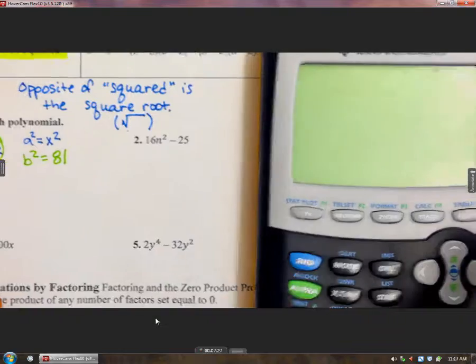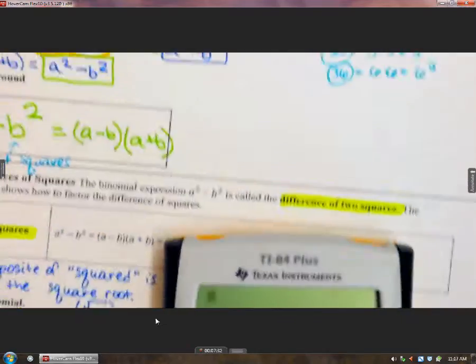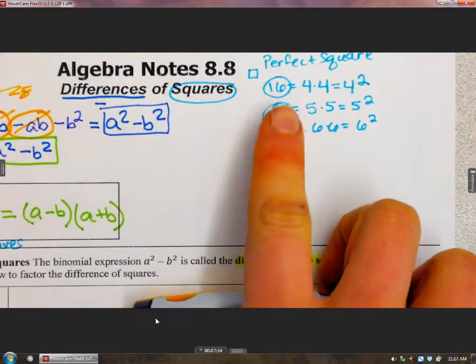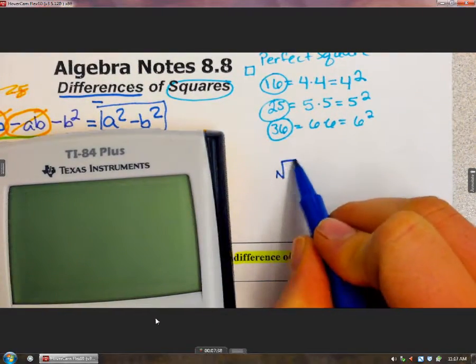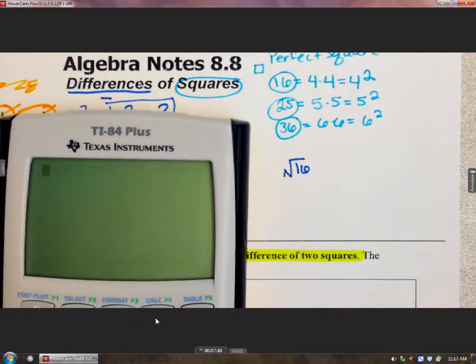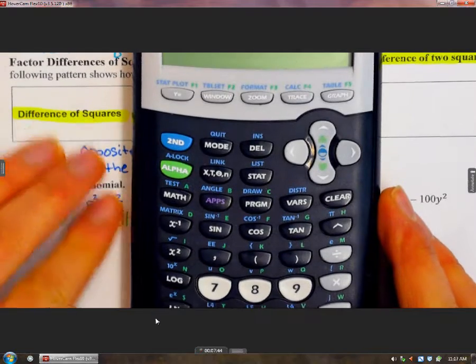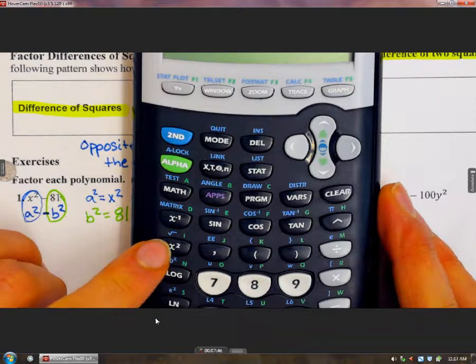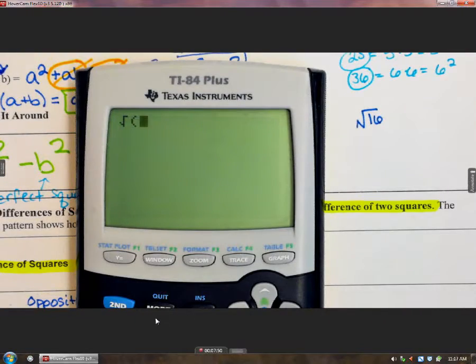So, for example, if I took the square root of 16, remember 16 is a perfect square. So if I took the square root of 16 in my calculator right here, the square root, if you click the second button, and then go down to the squared, it's that little tiny radical. Square root of 16 is 4.